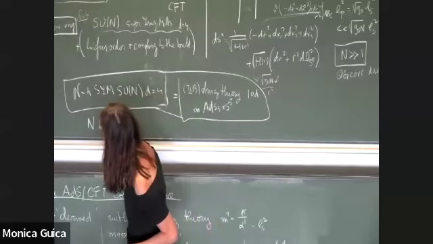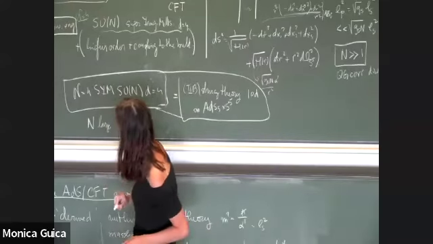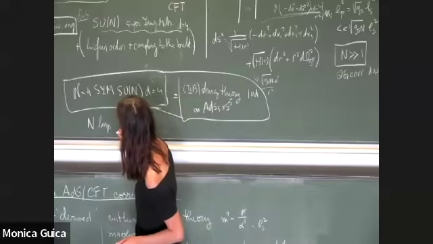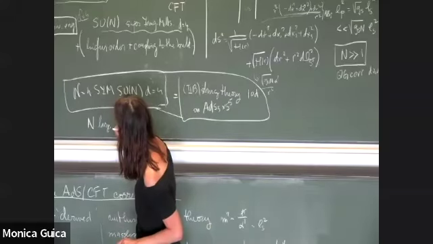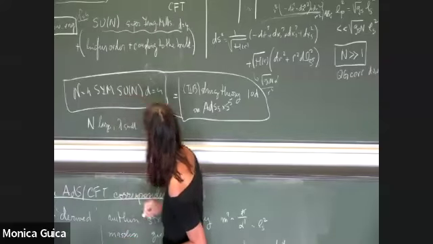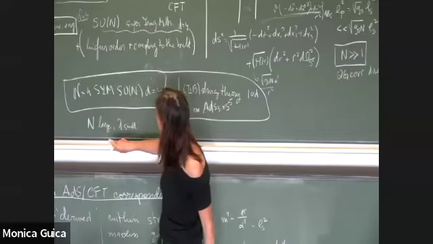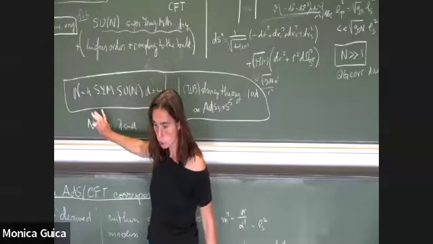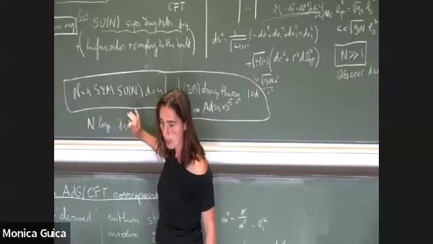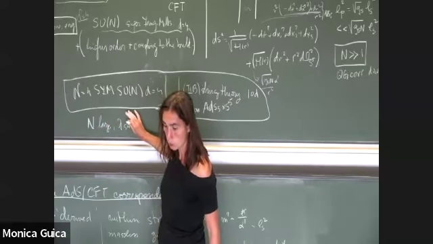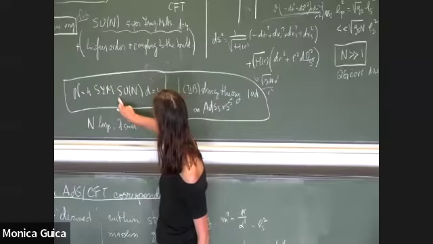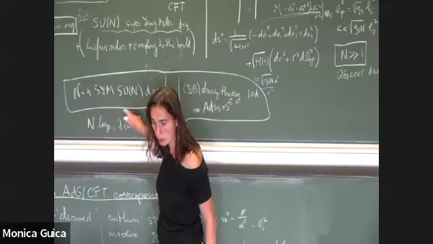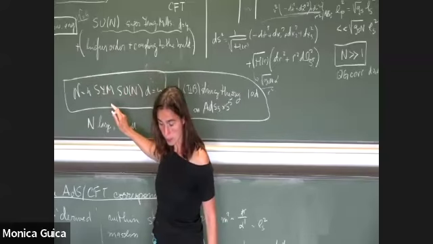Let me take it to be large, for things to be a bit better, and lambda small. So let me take N large to start with, and take the 't Hooft coupling to be small. That's the coupling of the gauge theory. So now I can do perturbative calculations in gauge theory.